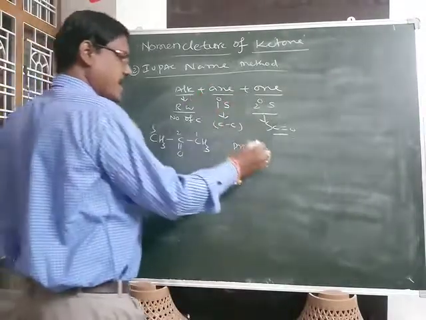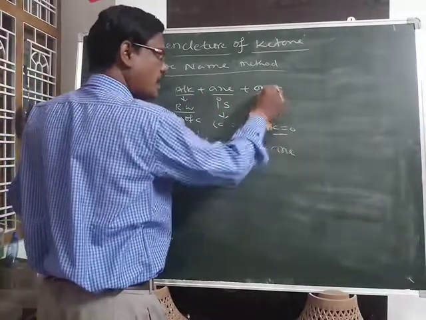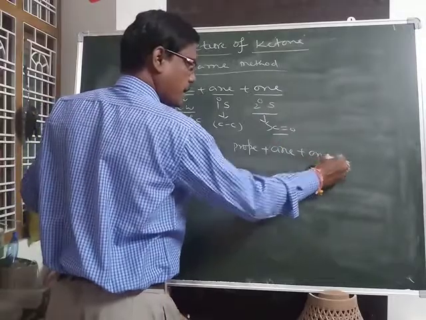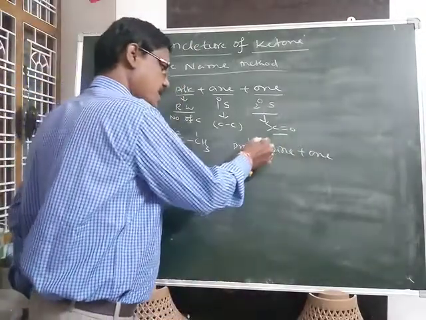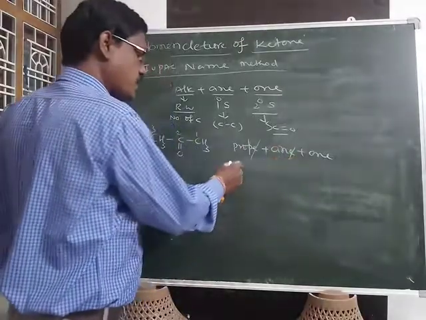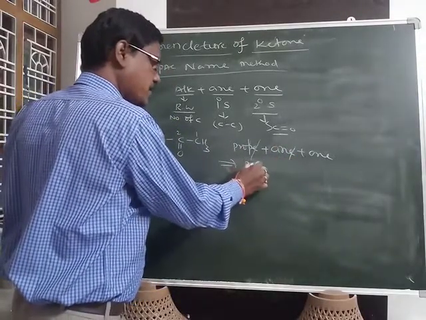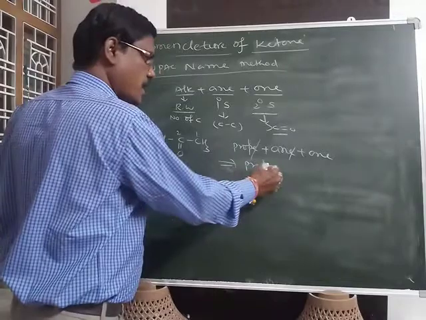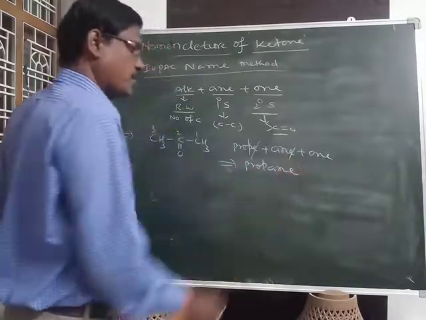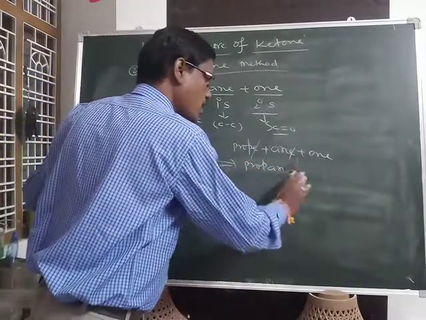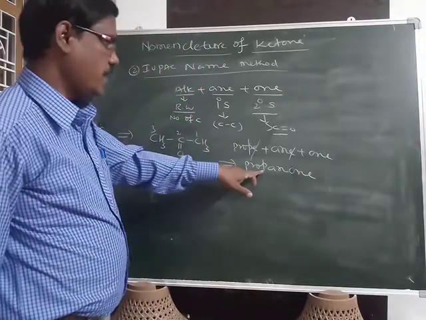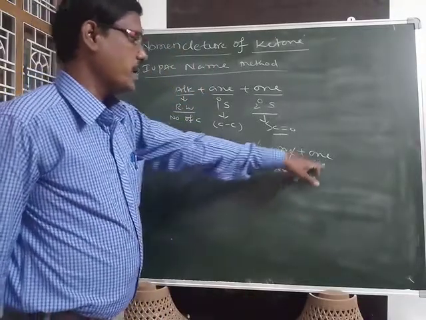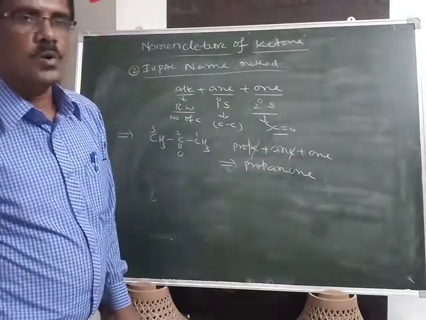After that, ane and one: prop plus ane plus one. By cancellation and combining, this gives the IUPAC name of this compound: propanone. This is known as propanone.